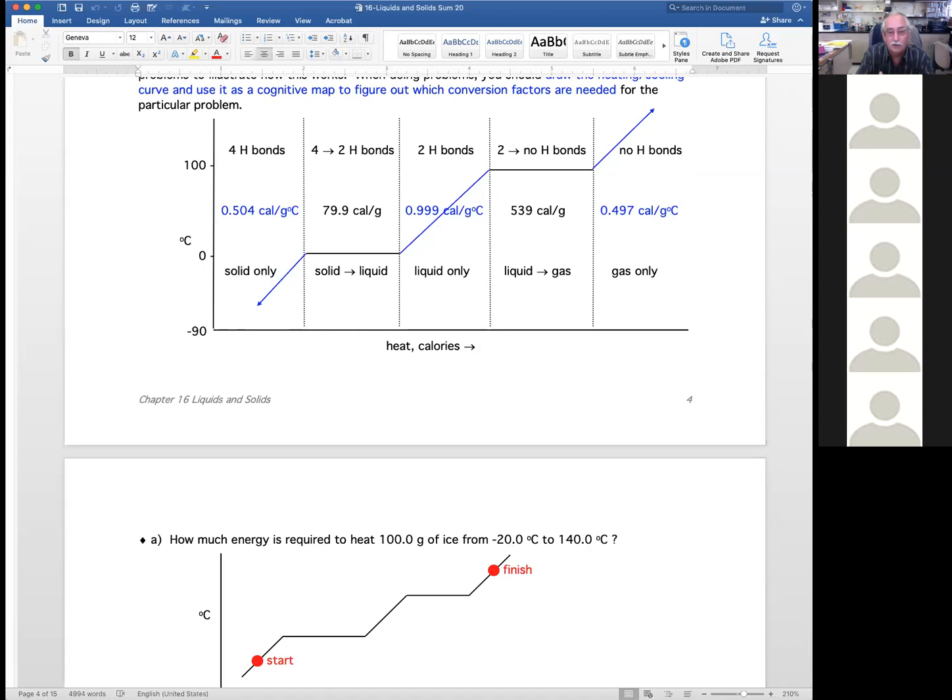So, first of all, how cold can water be? Anybody know? Maybe 0 degrees Kelvin, which is minus 273.15 Celsius. No. So your freezer compartment for your refrigerator is about minus 20.